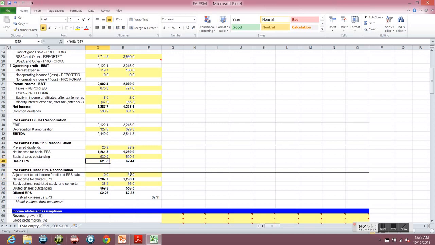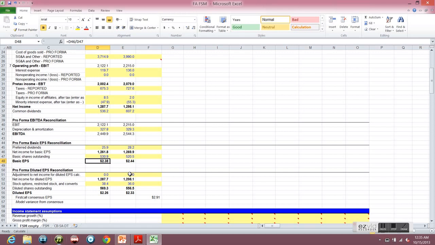The reason is that when you take diluted shares into consideration, let me repeat backwards. The reason the diluted EPS is smaller than the basic EPS is that, like I said, basic EPS does not take restricted stock, stock options, or convertible preference stock into consideration.